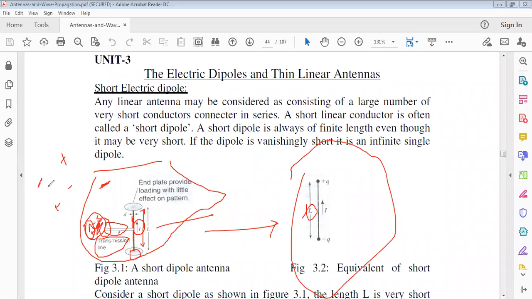The distance between those positive and negative charges is represented like this: minus q during the positive half cycle, plus q during the negative half cycle. Current is accelerated and decelerated.